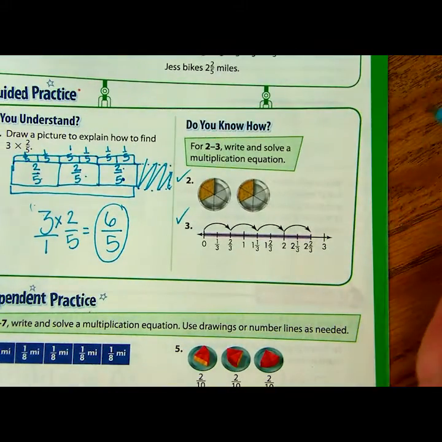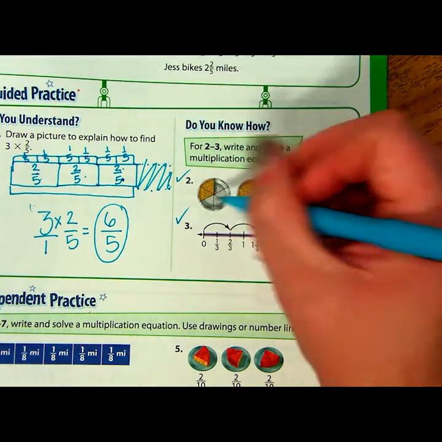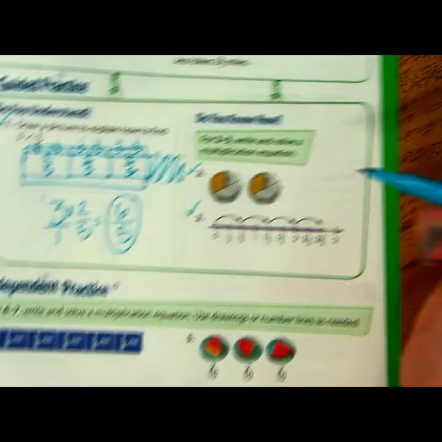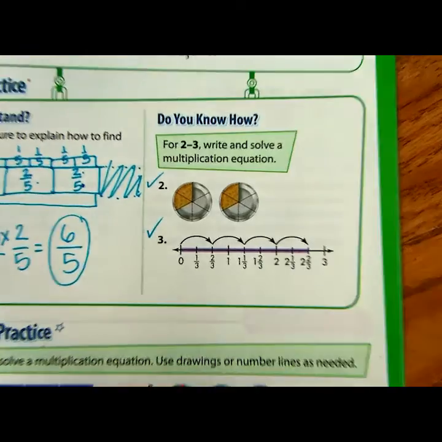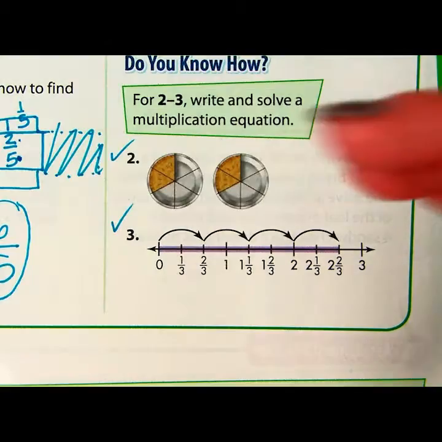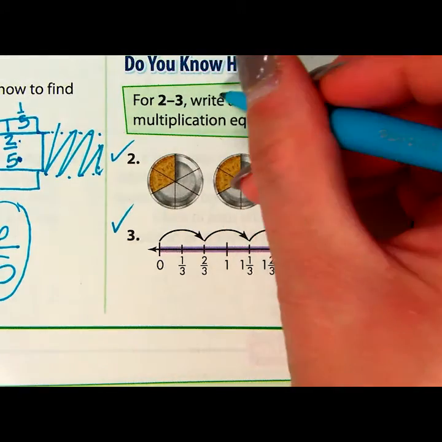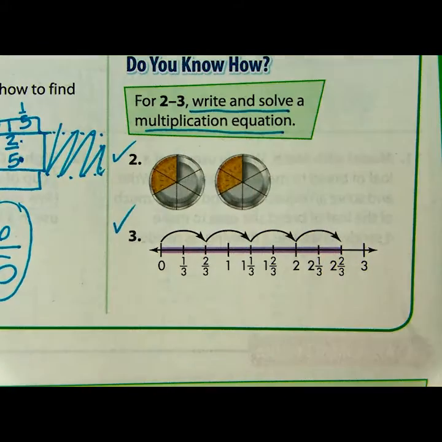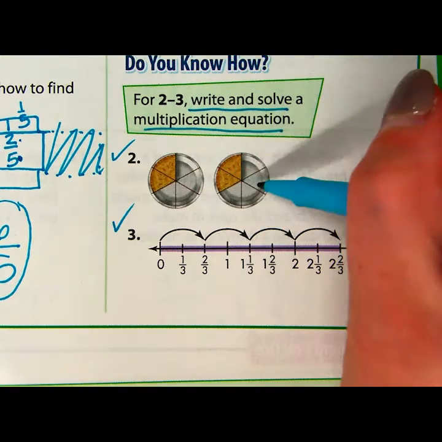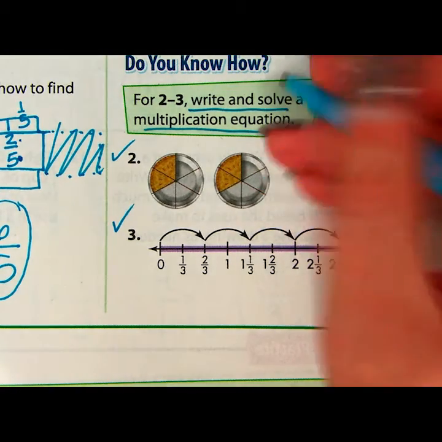These tend to confuse students a little bit, and you're going to see some like that in your work today. So we want to make sure we're paying attention to these last 2. I know this video is a little bit longer. You have to write and solve a multiplication equation for what you see illustrated here. So when we look at this picture, I see 2 groups, kind of like the whole number 2, like 2 pizzas or pies.